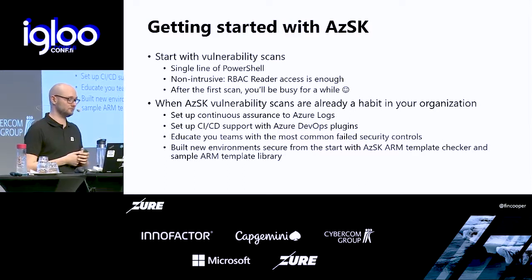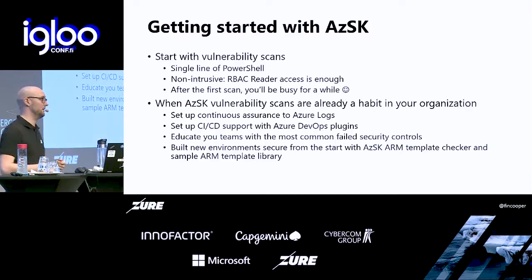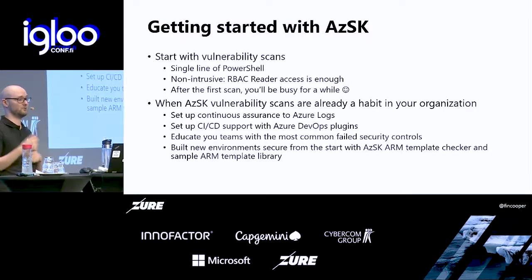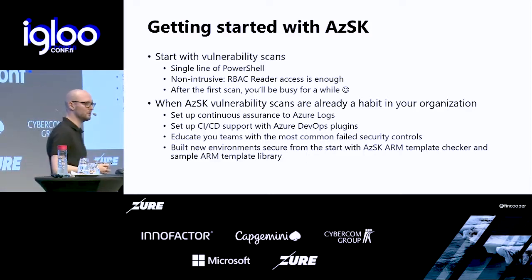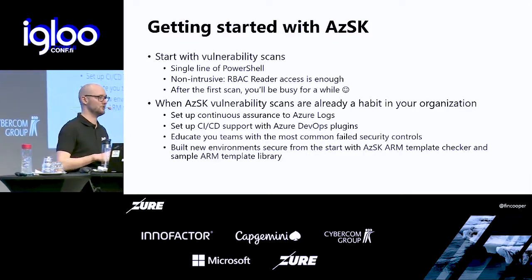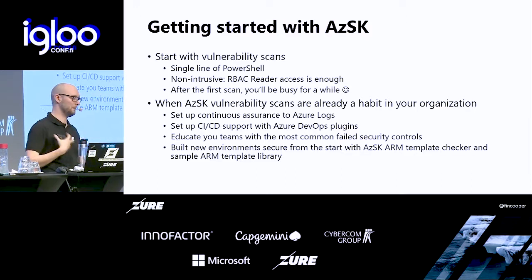And yes, when you run these on a more periodic basis, maybe as part of your CI/CD or just regularly against your environment, you can start to set up continuous assurance practices. Awareness is a big part of this.